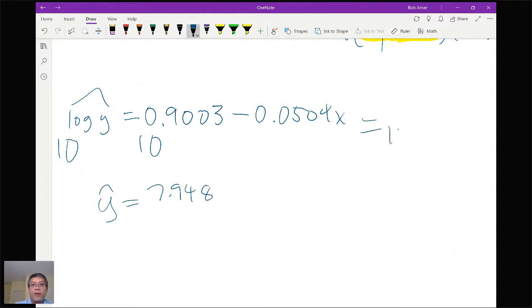So I also want to point out that this is 10 to the 0.9003 over 10 to the 0.0504x, right? So what you can do is, if you use a log transformation, then you can get a power law. And so this is 0.7948 over 10 to the 0.0504x.